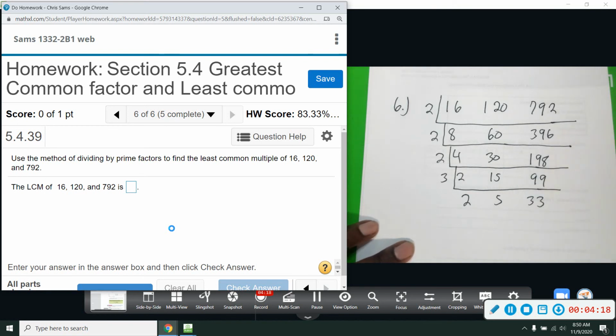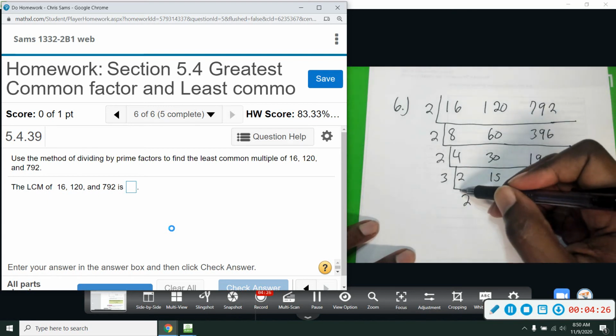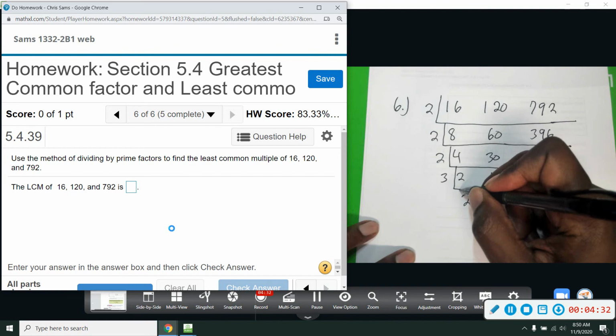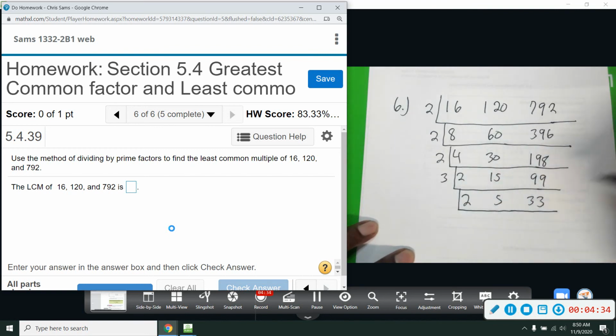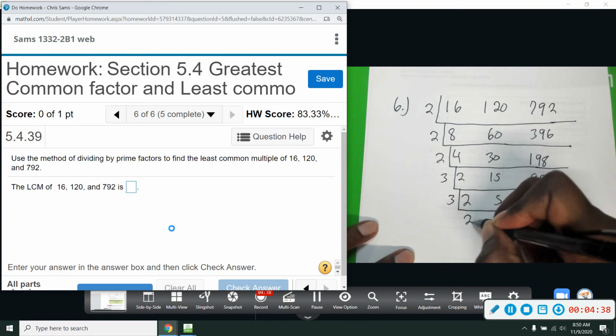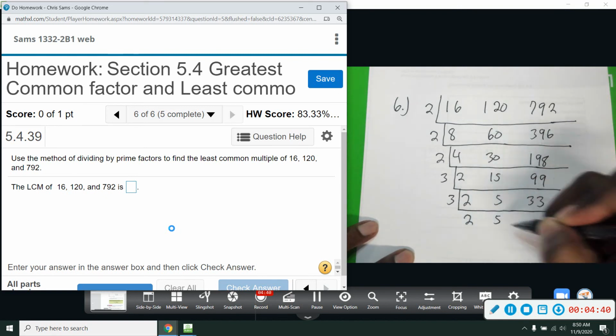Now there is no number that will divide any 1 or any 2 of these. We could, again, divide this one number by 3, which I don't think will change anything, but I just want to see that you get the same thing. So we'll do a 3 here, bring down the 2, bring down the 5, and then bring down 11.